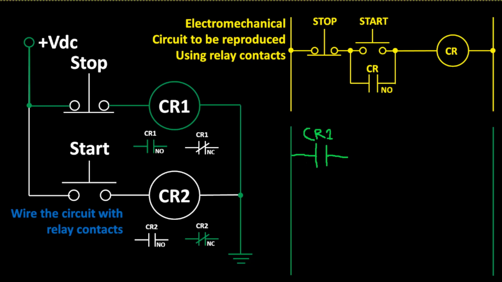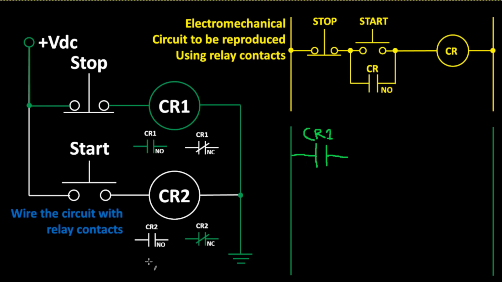To put the start push button in, again, I need to know the status of the field device. The field device in this case is normally open. The coil, CR2 in this case, is not energized. Therefore, the normally open contacts are open.